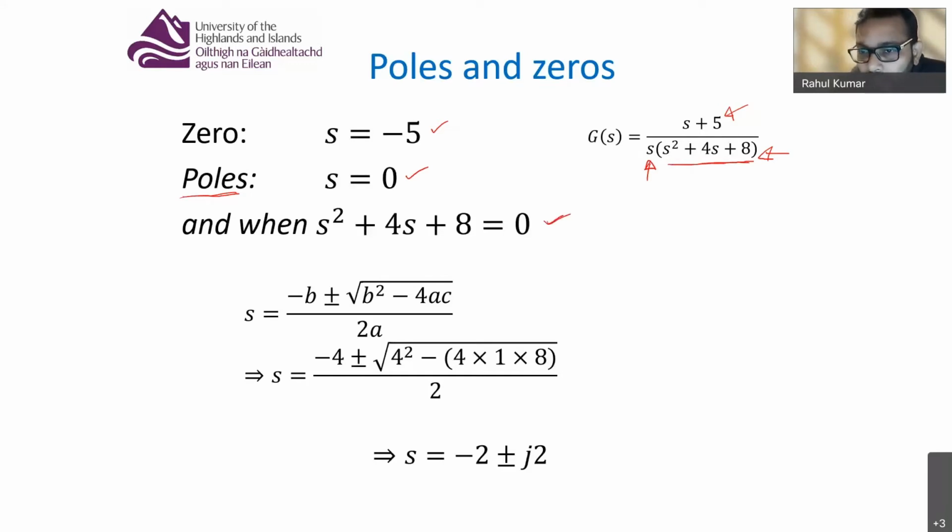Right? Now, if we look at this equation here and compare it with the standard quadratic equation, generally it is ax square plus bx plus c, right? So if we compare, instead of x, we have s.